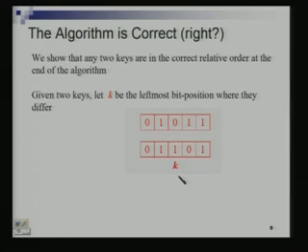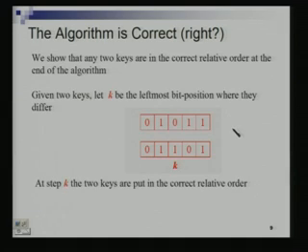Now, when I am sorting this bunch of numbers, what is going to happen? Remember I am sorting by considering first the rightmost, then the second rightmost, then the third rightmost, and so on. So, the claim is that at step k, the 2 keys are put in the correct relative order.